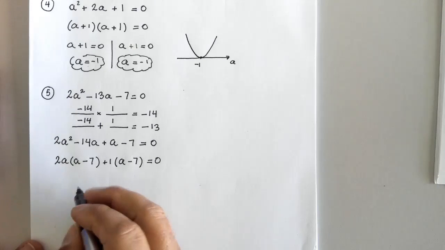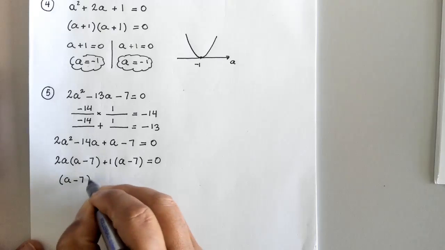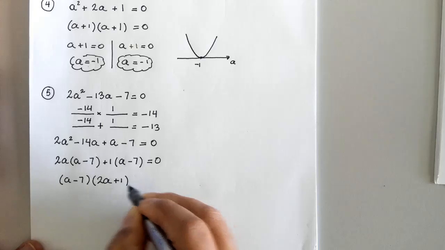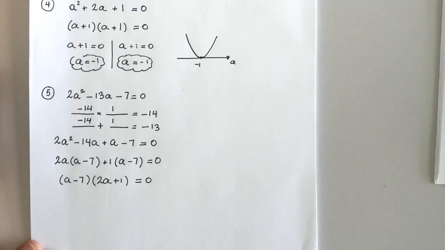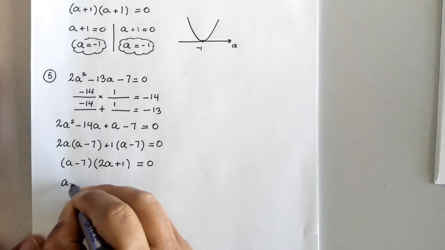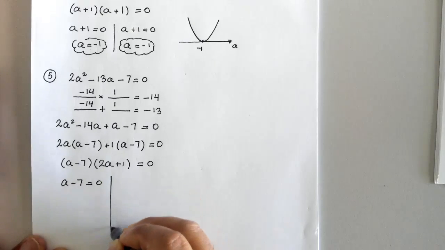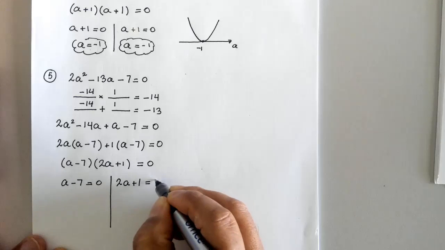Then we do what we used to do before: a minus 7 multiplied by 2a plus 1 equal to 0. Then we separate them: a minus 7 equals 0, and 2a plus 1 equals 0.